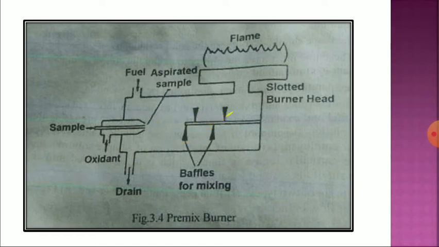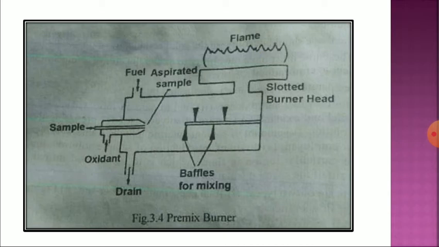Only a very small amount of sample solution goes through this slot into the top of this burner head and burns along with the flame, and it will emit characteristic wavelengths into the surroundings. This is about the premix burner.